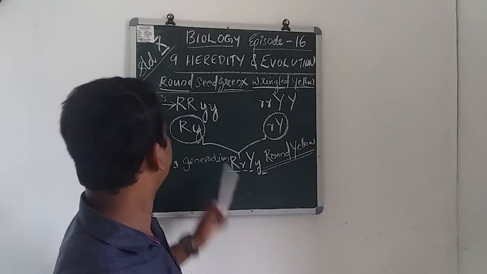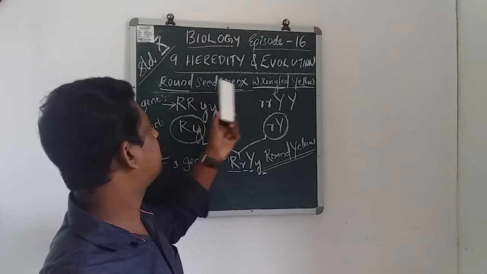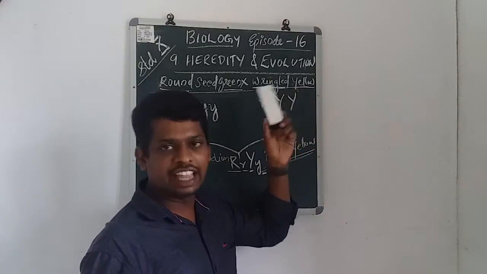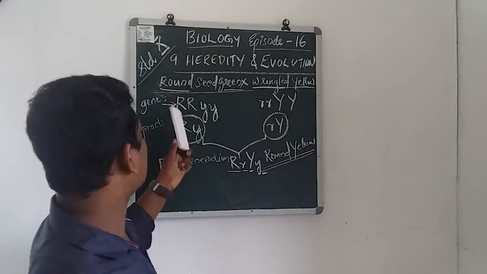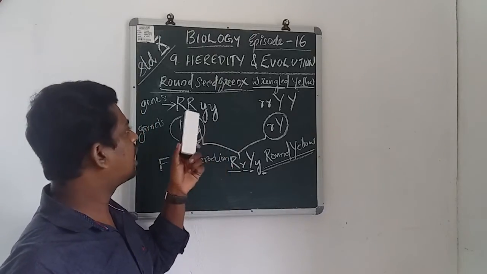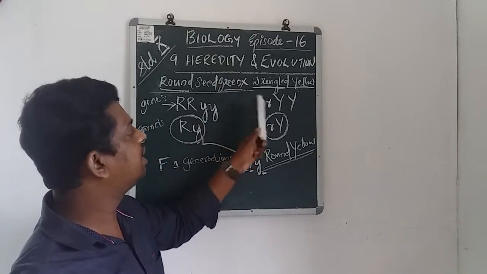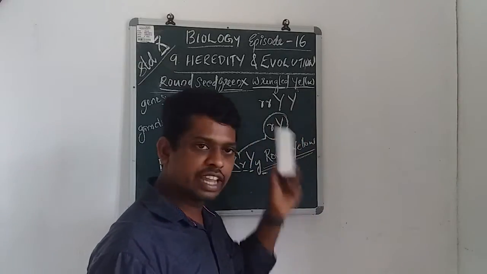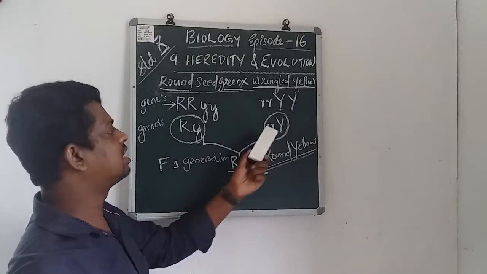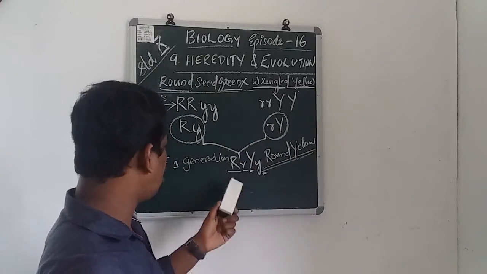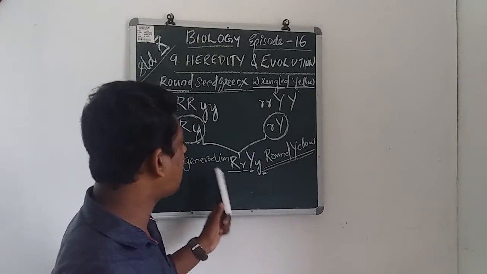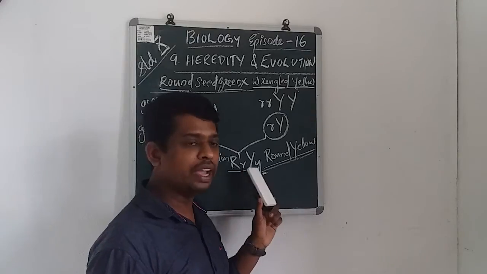Look at that. Once again, the round seed with green color and the wrinkled seed with yellowish color are crossed. The genes are capital R, capital R; the green is small y, the wrinkled is small r, and the yellow is capital Y. The gametes are capital R, small y and small r, capital Y. The F1 generation is capital R, small r, capital Y, small y.